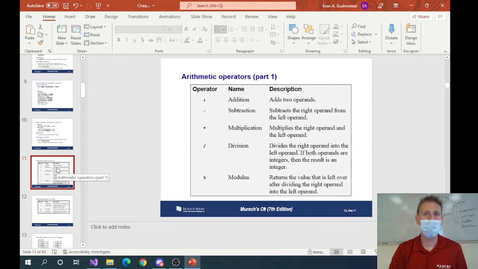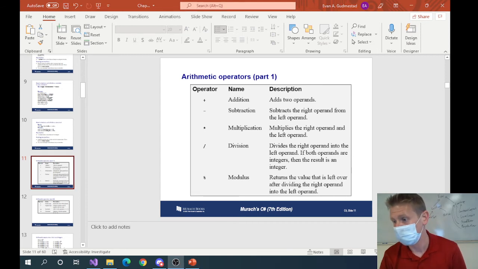Other than that, I will say that there are test questions, no shortage of test questions about doing mathematical operations in C#. My advice around those is to plug them into Visual Studio, see how they work, right? That could be a good learning experience for you.